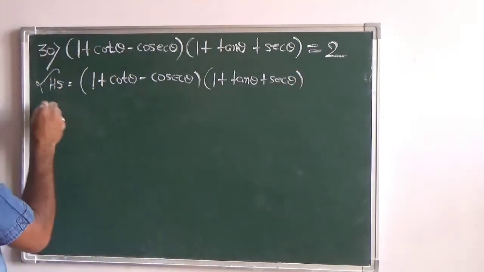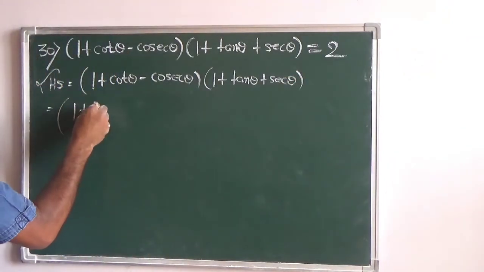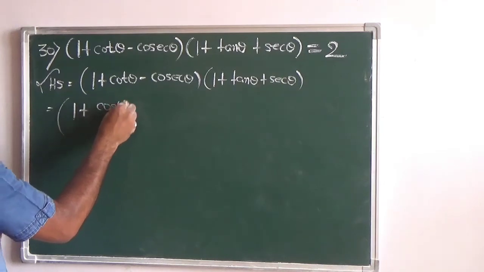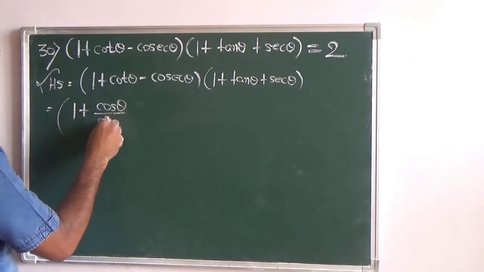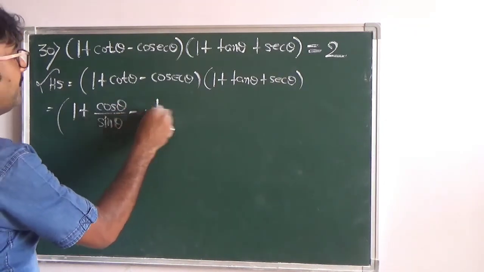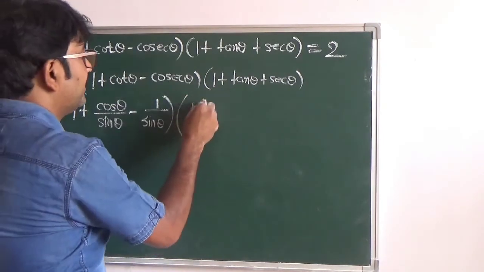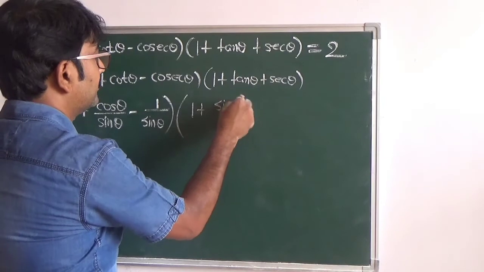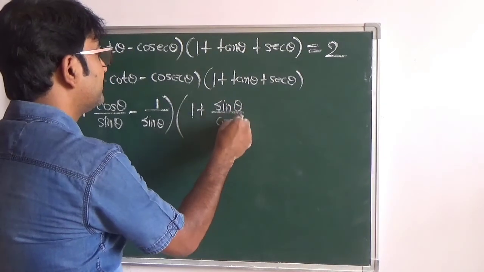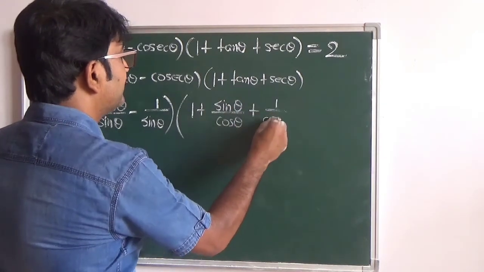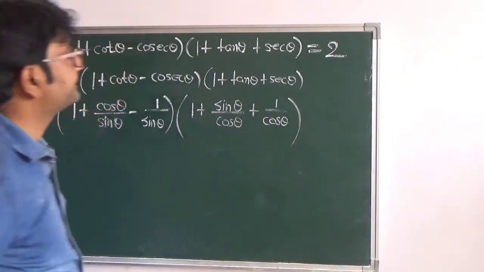You can write it as 1 plus cos theta by sin theta minus 1 by sin theta, and this you can write as 1 plus sin theta by cos theta plus 1 by cos theta.